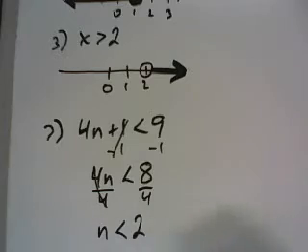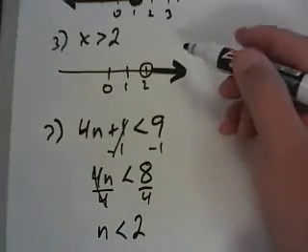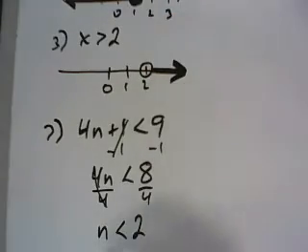And so when we graph that solution, it's very similar to number 3 above here. Number 3 is n is greater than 2, but this would be n is less than 2. It does not include 2 because there's not the line underneath the inequality, the less than or equal sign isn't there. So we're going to have an open circle at 2, and we're going to have everything to the left of that shaded because we want the numbers that are less than 2.